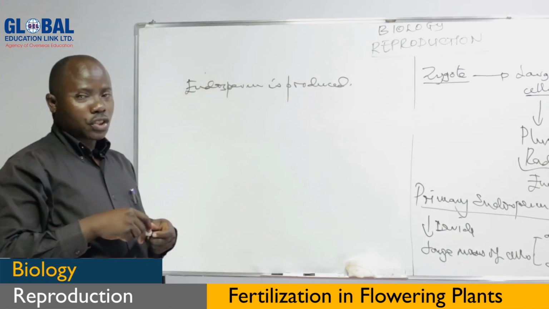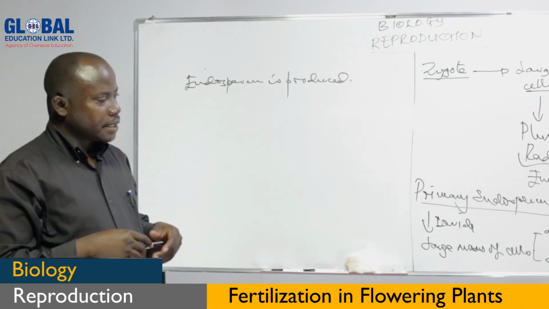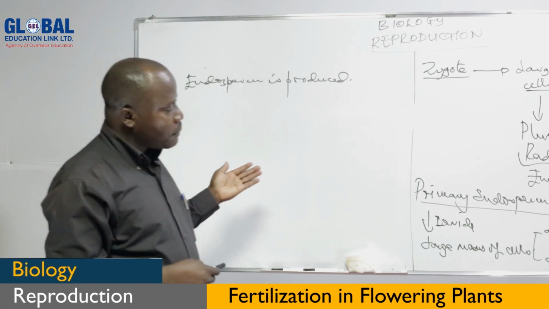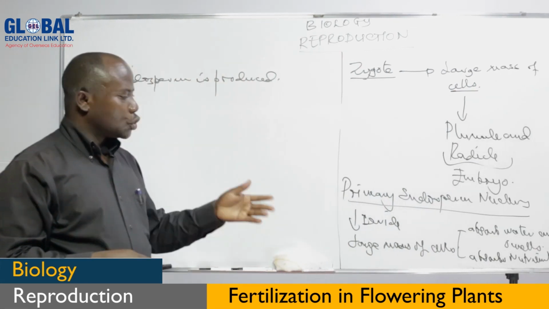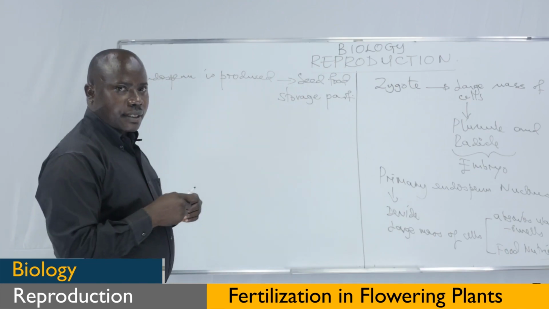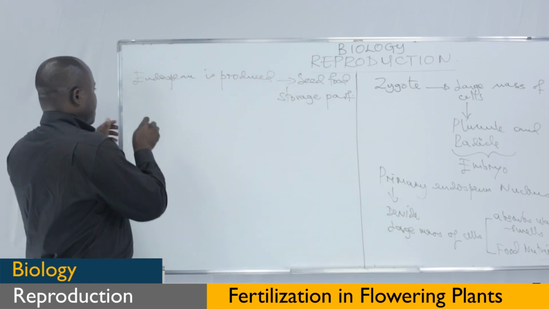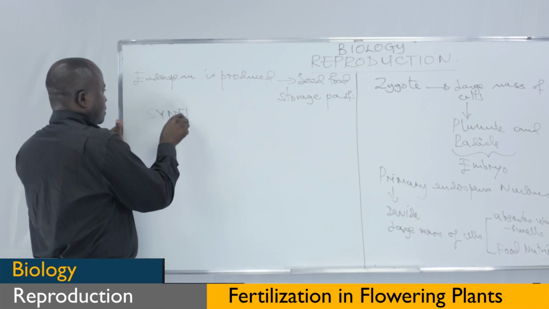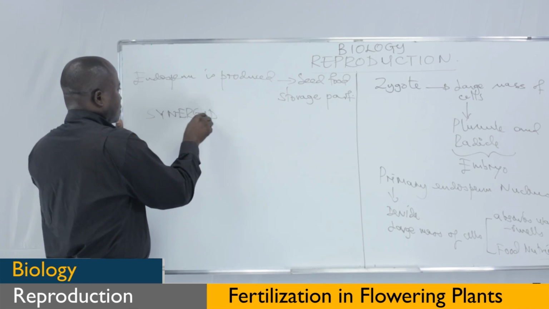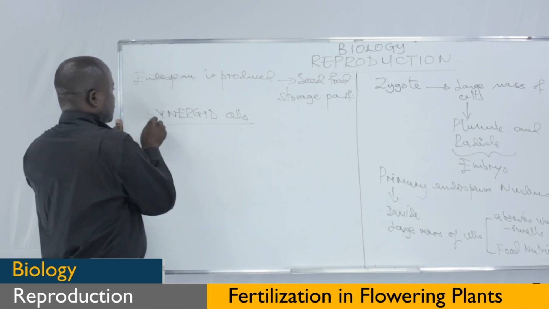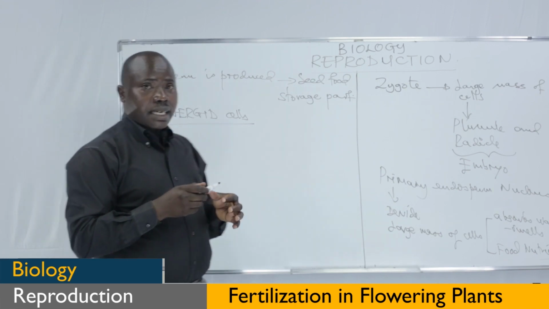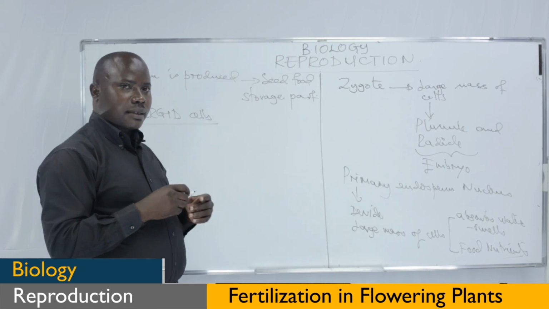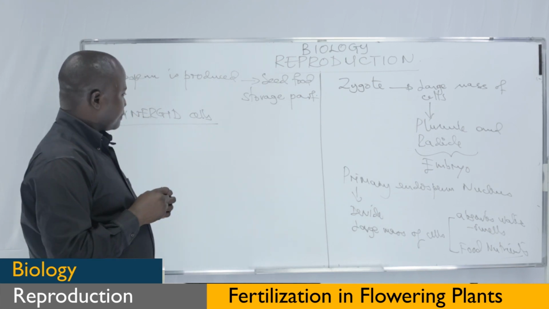My dear students, to answer this part of the question, it means you will have to describe the developmental changes that will transform the primary endosperm nucleus to endosperm. Another thing is the synergid. These are cells present in the embryo sac, just near the micropyle.